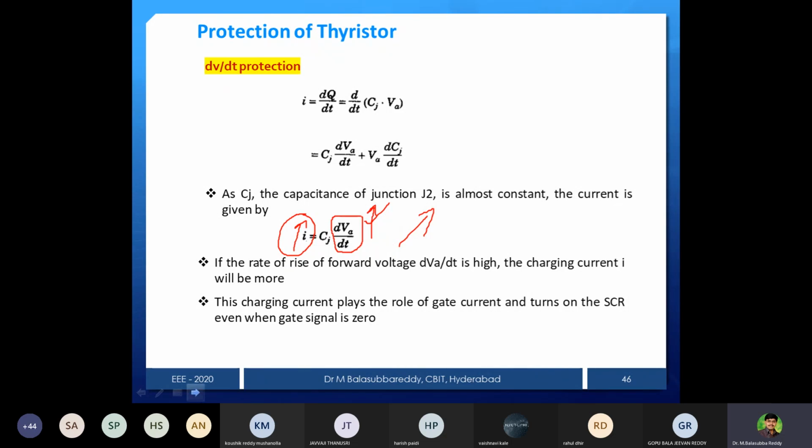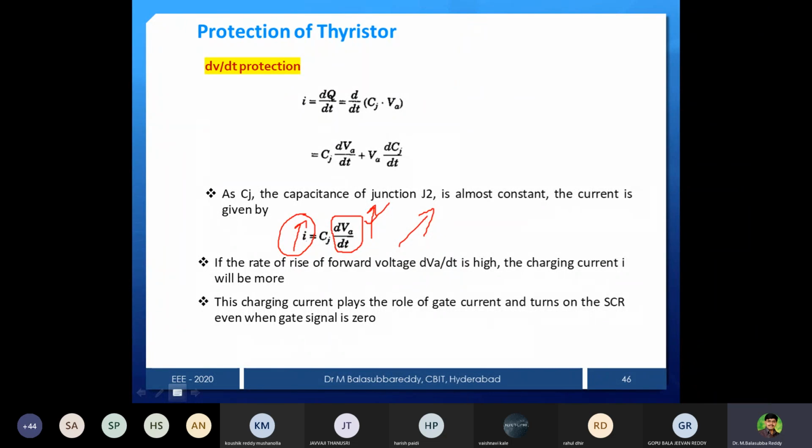If you want to give firing pulses, then only the device has to be fired. At what instant the device should fire, you have to decide: at alpha 30 or 90 or 60, whatever instant you want, depending on your voltage requirement.